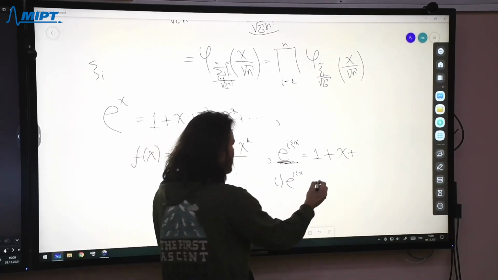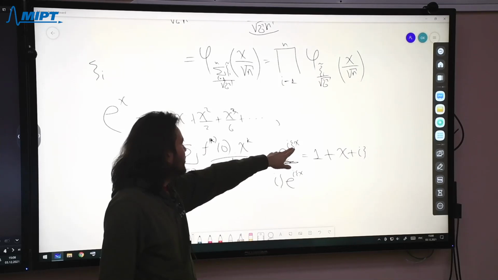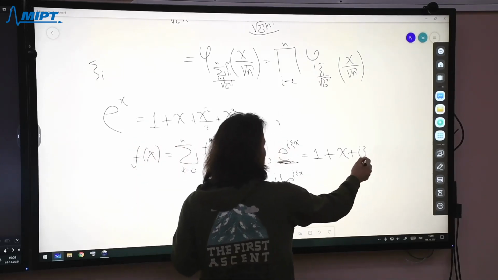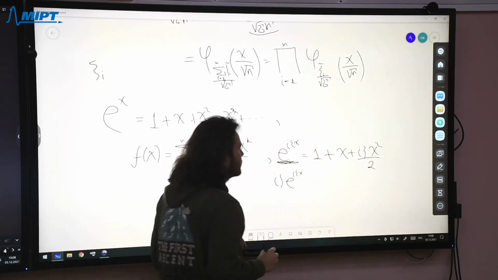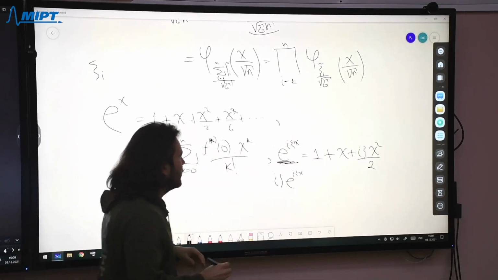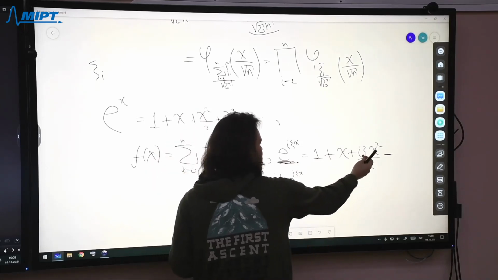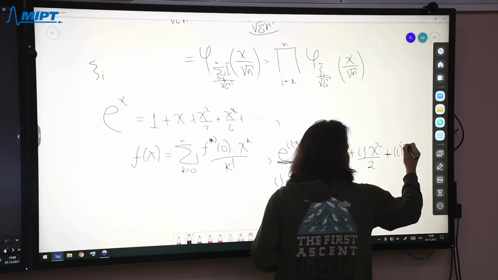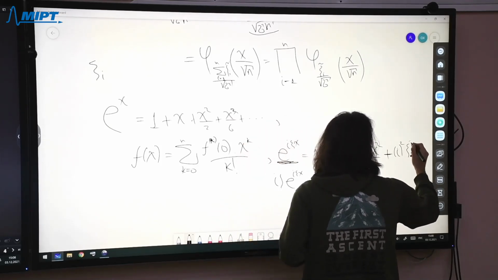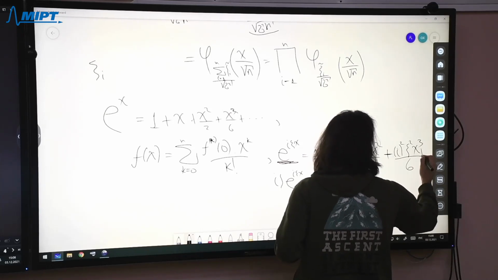So this is going to be i psi, but we are looking at the point 0, so this is 1, and then I have x squared over 2, right? And if we look at the next one, this is going to be minus, because I will have i psi squared, so it's going to be plus i squared psi squared x like this.